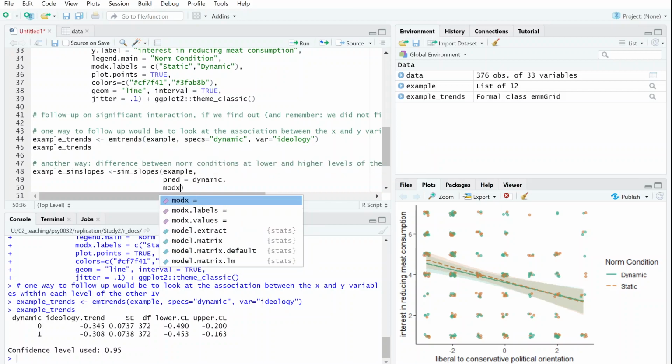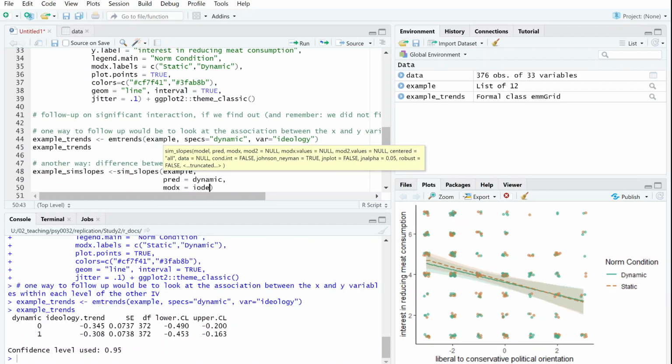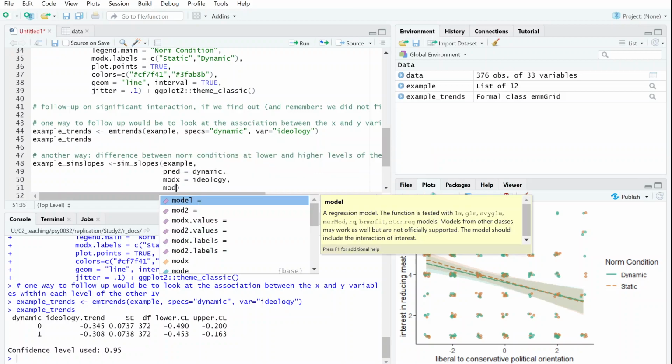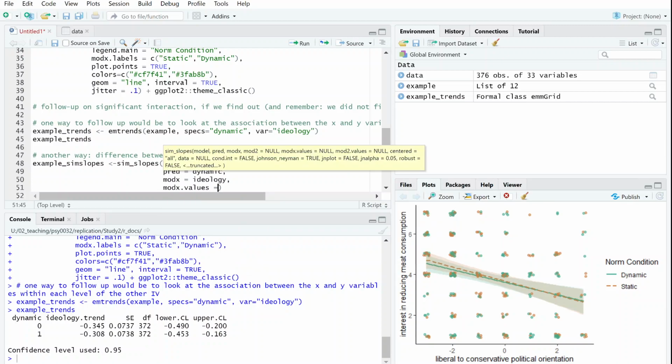We have what we're going to call mod x, or a moderator variable here, which is ideology. That's the variable we had plotted on the x-axis. And because political ideology is a continuous variable, not categorical, we need to tell it how we're going to show differences between the two different conditions, at what values of the x variable.